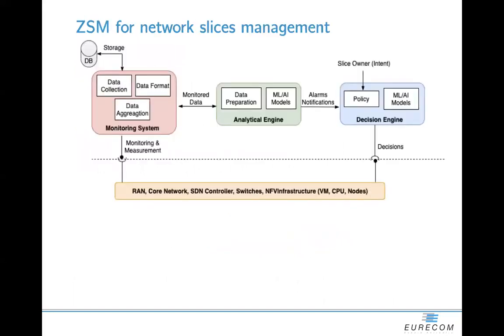Before going to the demo itself, let me first introduce the main outputs of the MonB5G project and the main idea defended by the MonB5G project to ensure zero-touch management in beyond 5G for the context of network slicing.